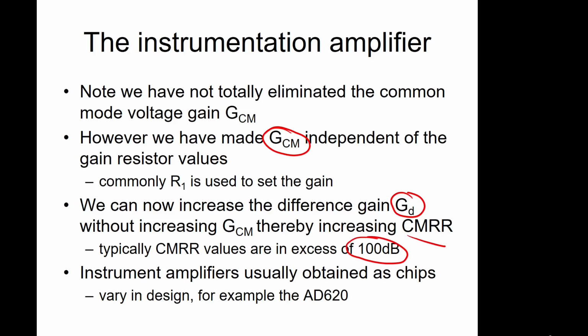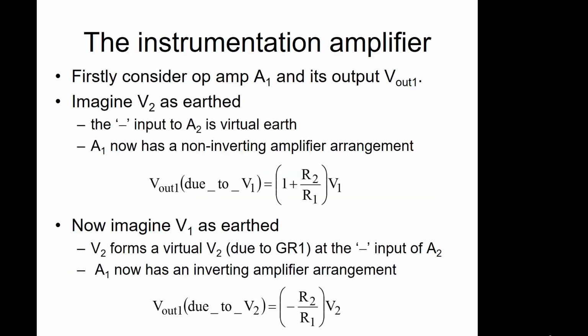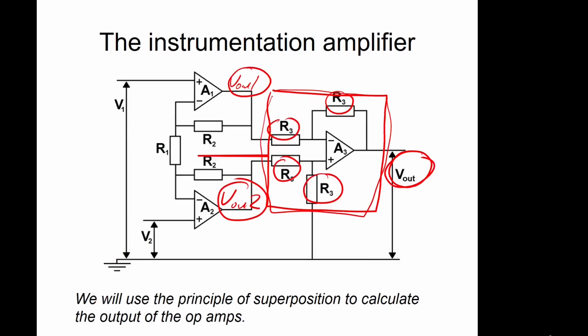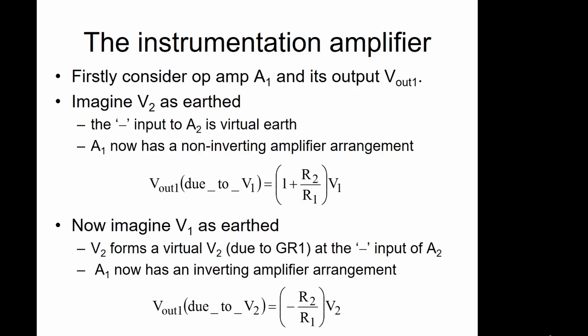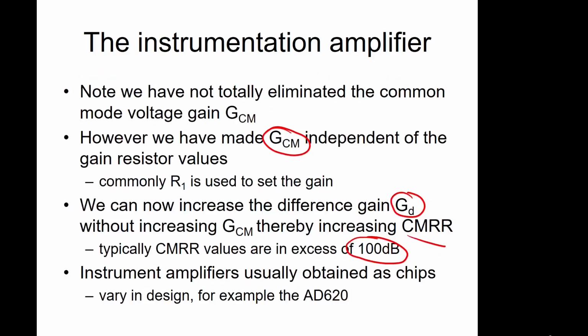We don't have to build these circuits. So we don't have to build that from 3 op-amps. They actually come pre-packaged as an individual chip. So for example, the AD620 is an instrumentation amplifier with, I believe, a common mode rejection ratio of about 120 dB.